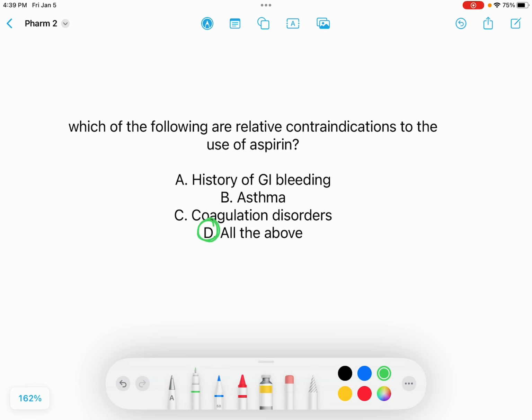We also are a little cautious about giving aspirin to someone who's on a blood thinner or an anticoagulant like warfarin, Coumadin, apixaban, Eliquis, things like that. But that's a relative contraindication. There's nothing specifically stating we cannot do it. There's just more risk to doing it.